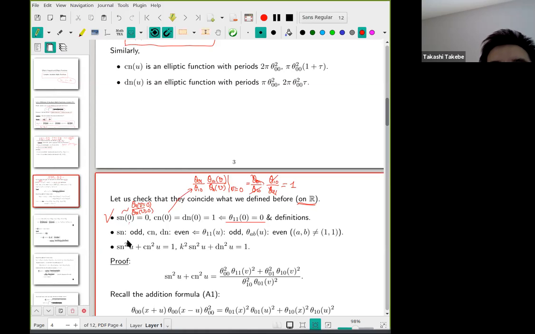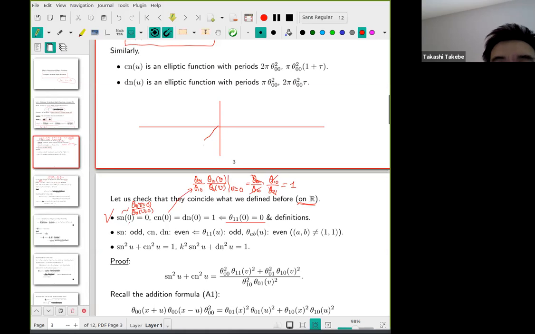Well, as we know, sn was a function like this. cn was a function like this.